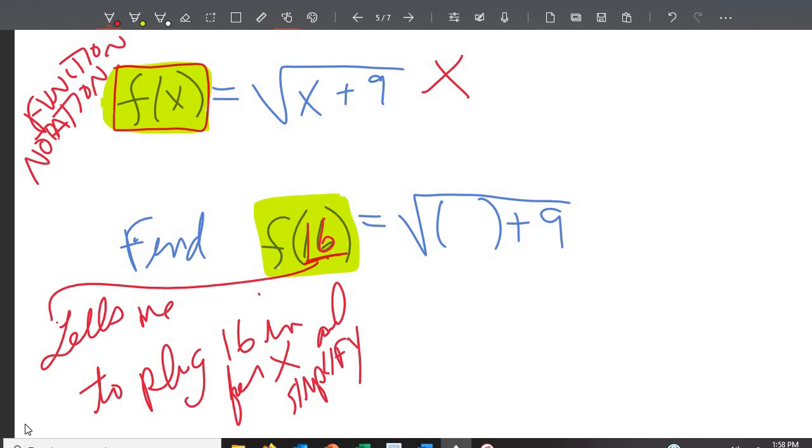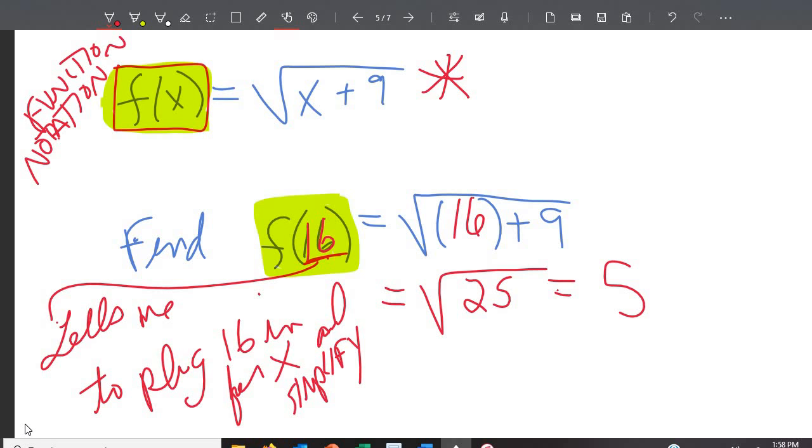It'll give you this, and then it'll ask you to find something like this. So we've got a 16. We're going to put a 16 underneath the radical sign. And we're going to add the two numbers together. Then we're going to take the square root. So you'll be told what f, that's how you read this. Let me write that up there. This is read f of x.